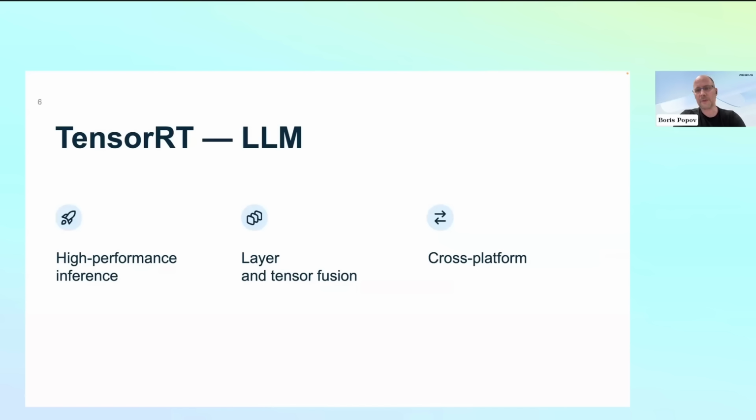It improves performance through optimization techniques like layer fusion and precision calibration. It supports floating point 32, 16, and int8. And it supports a wide range of applications and networks, facilitating easy deployments across various devices without sacrificing speed or accuracy.